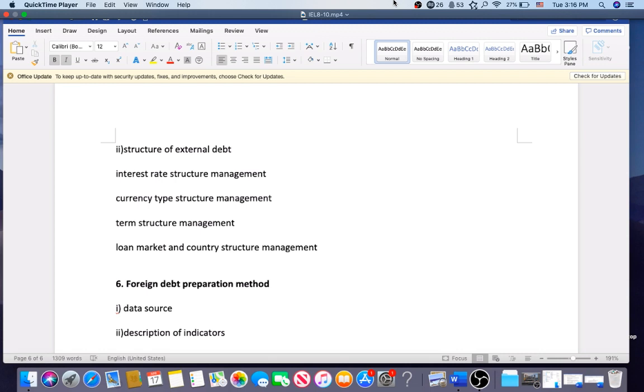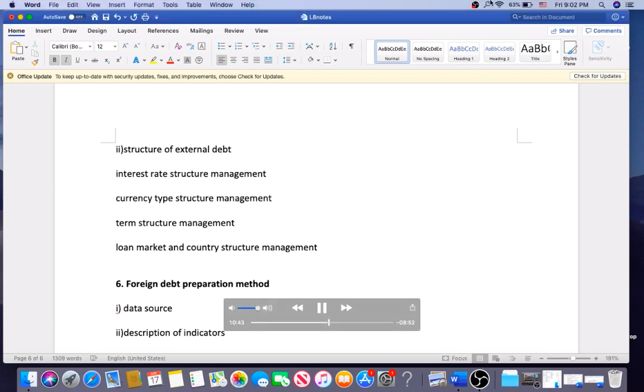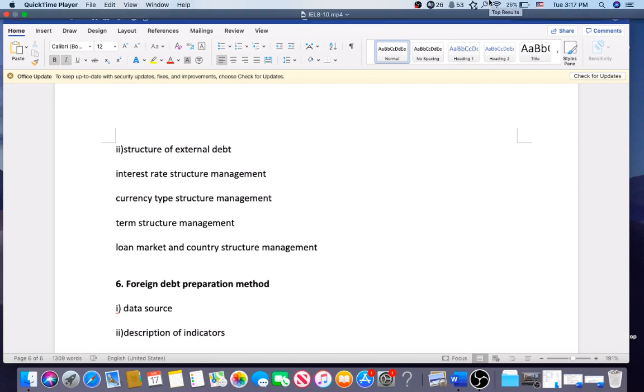And in the management of interest rate structure, we should pay attention to first to compete for the preferential interest rates. Preferential means very favorable to gain the most favorable beneficial interest rates and reduce the cost of the foreign debt.